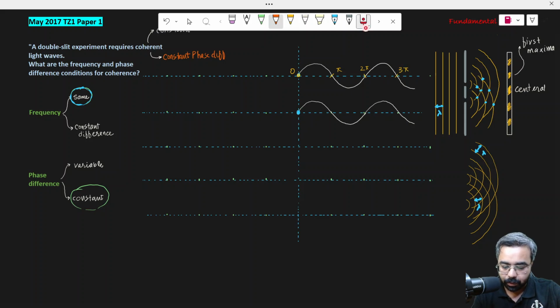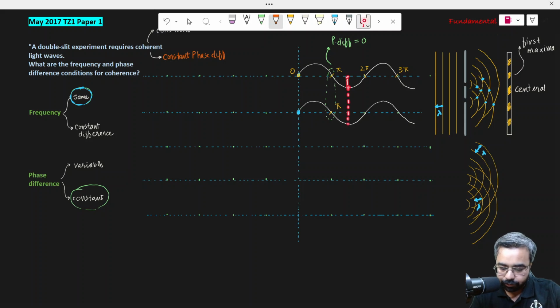In the same manner, we have here pi, here 2 pi, and here 3 pi. If, for example, you take a phase difference between these two points, the phase difference will be 0, and that will remain 0 at any given point on the two waves.